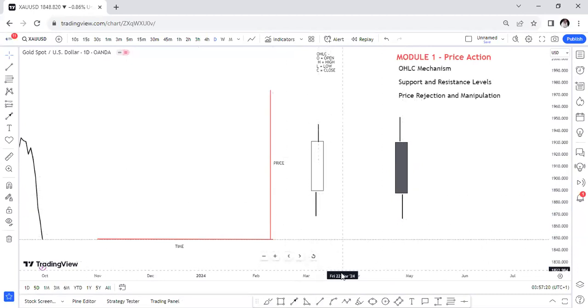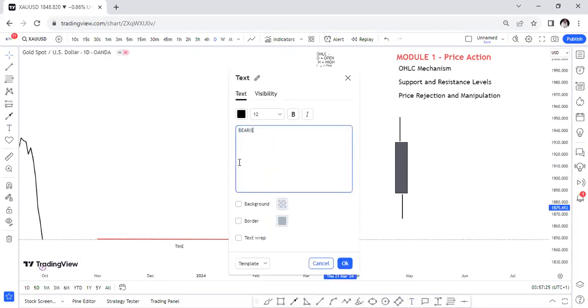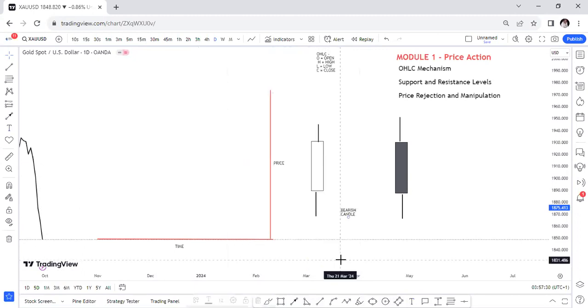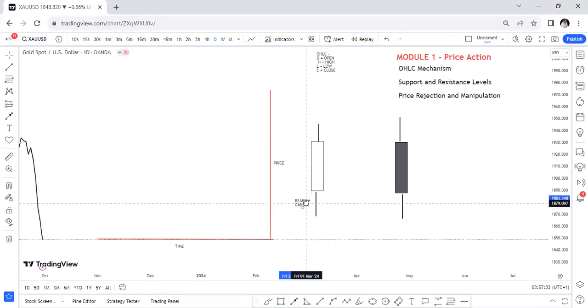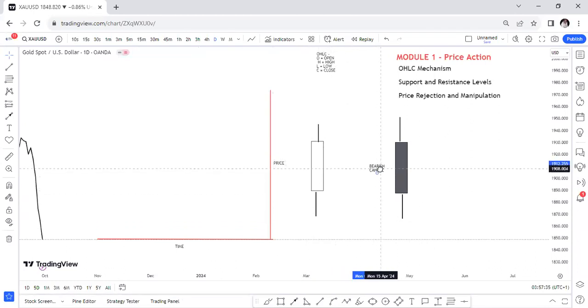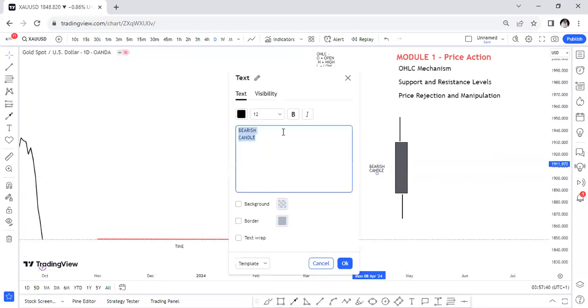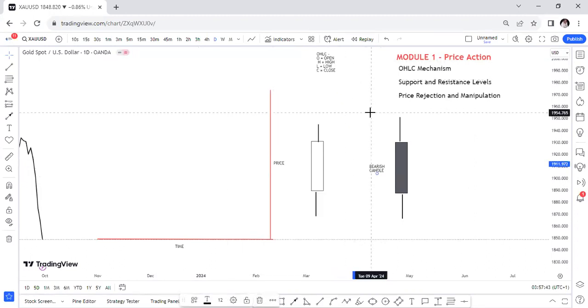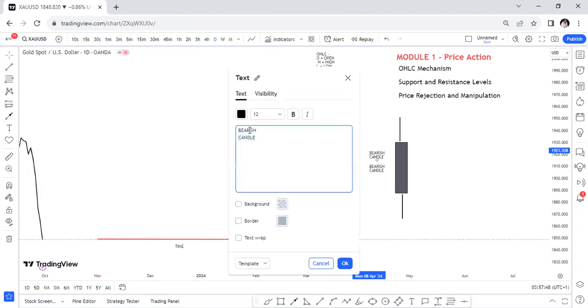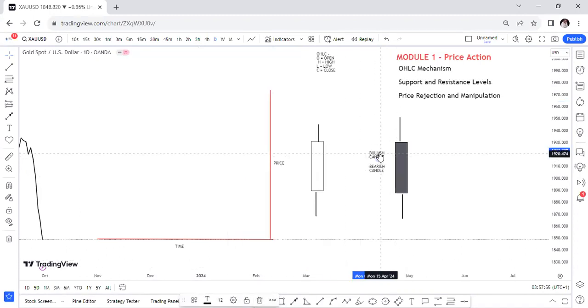If this is a bearish candle, this bearish candle represents the selling market. And this is a bullish candle, which represents the buying market.